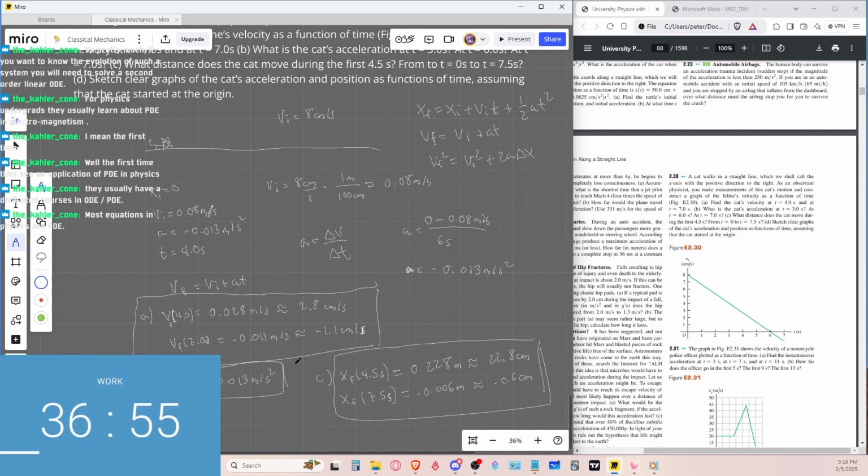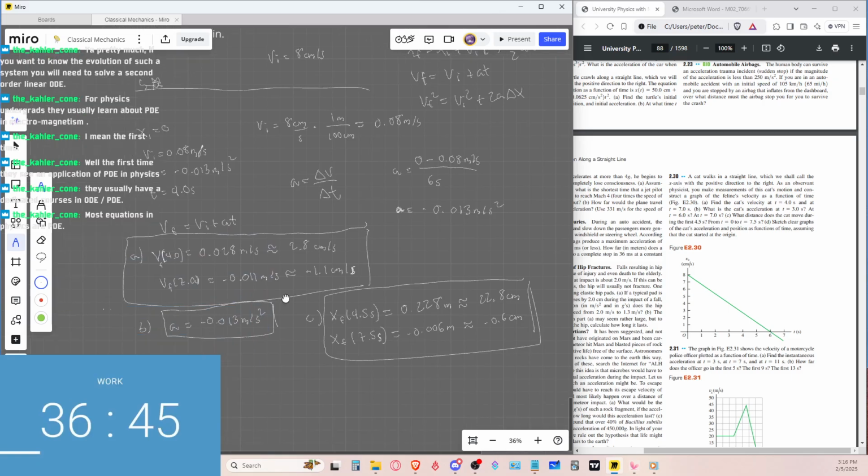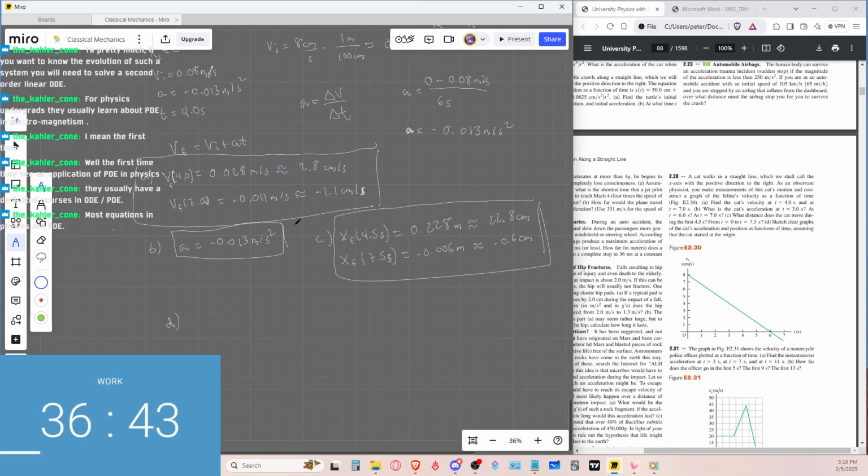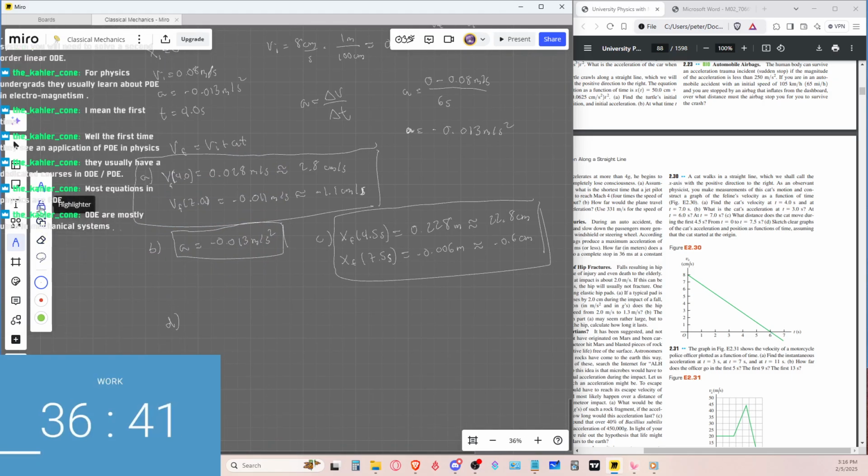Sketch clear graphs of the cat's acceleration and position as a function of time, assuming that the cat starts from the origin. Well, I think the acceleration graph is not going to be hard, because it's just going to be one straight line. It's just going to be one plateau the whole time.